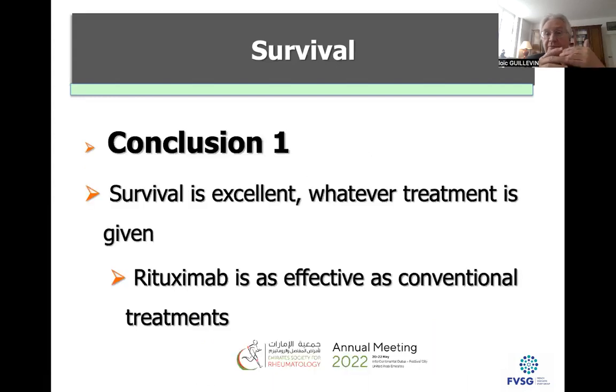The first sub-conclusion of this talk is that now survival is excellent, whatever treatment is given, and rituximab is as effective as conventional treatments. You know that in the RAVE study, the result is that rituximab is as effective, but not superior to cyclophosphamide.